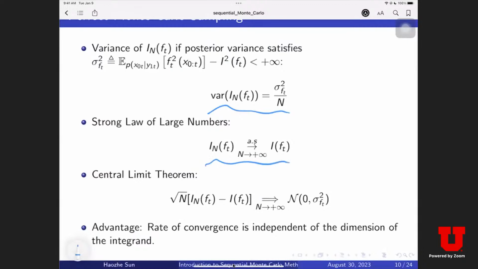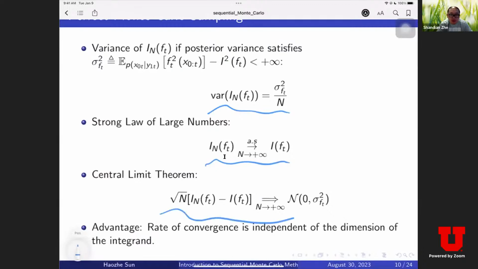It means when n approaches the limit, INFT converges to IFT. And because of the central limit theorem, we can get this function.